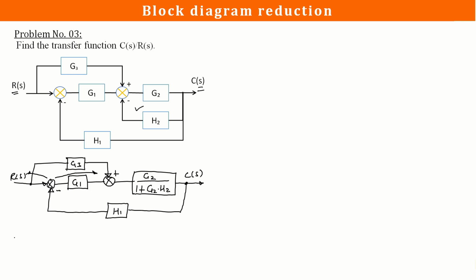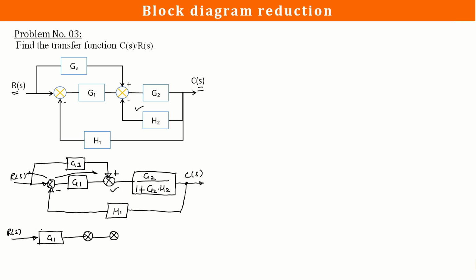So let's do that. Again we have R of S as input, and now we have block G1. Then after that we have a summing point, that is this one, which we have shifted, and after that we have one more summing point, that is this one.